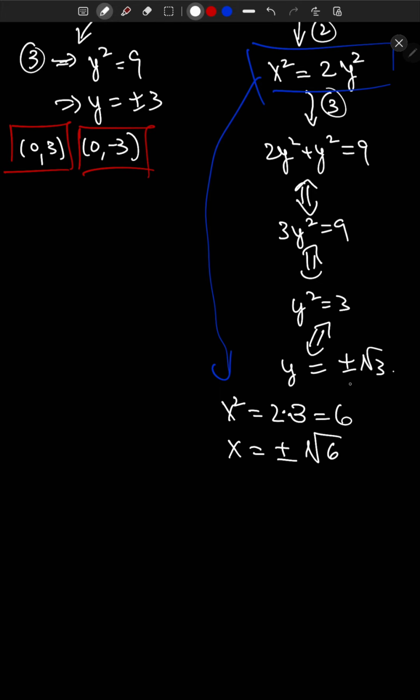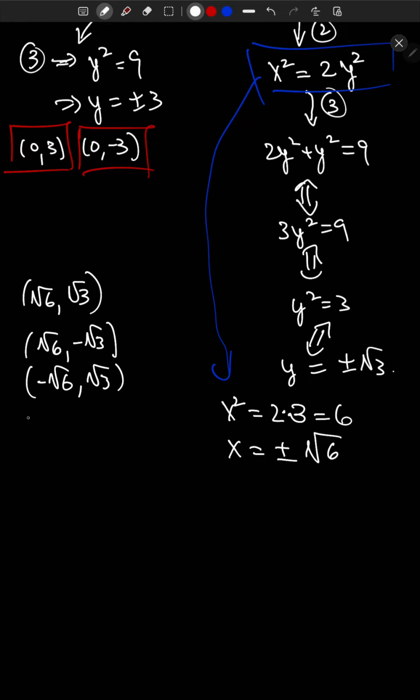Okay, so ultimately from this portion of the problem, I get 4 critical points, right? I get the critical point where x is root 6 and y is root 3. I get the critical point where x is root 6, y is minus root 3. I get the one where x is minus root 6, root 3, and then finally minus root 6, minus root 3.